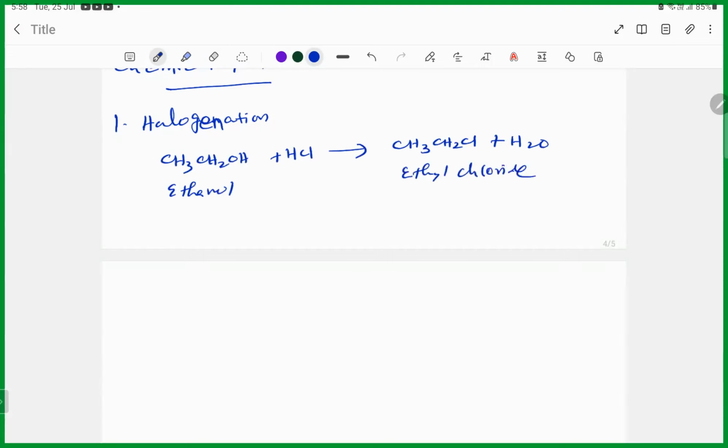Number two, esterification. When the ethanol is treated with acid, it will form ester.